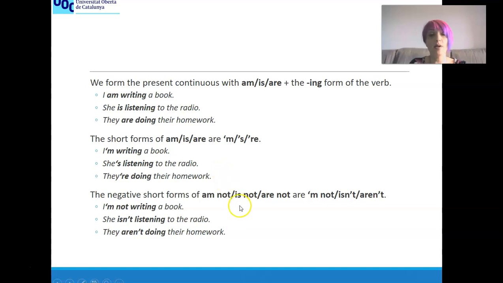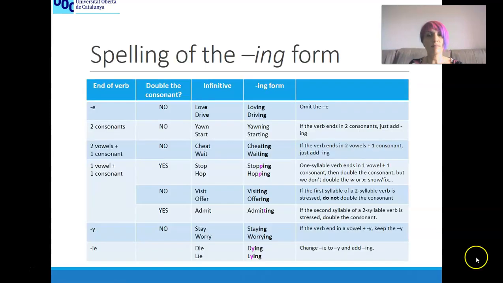And remember about the negative short forms. We say, I'm not writing a book, but you can say she isn't listening to the radio instead of she's not listening to the radio. Or they aren't doing their homework instead of they are not doing their homework, right?